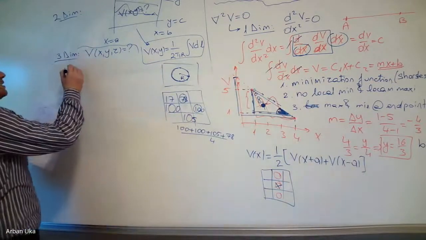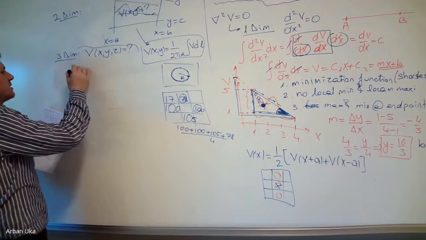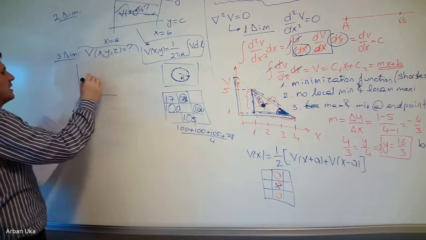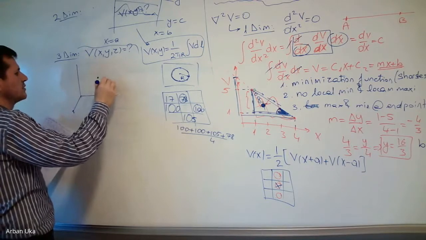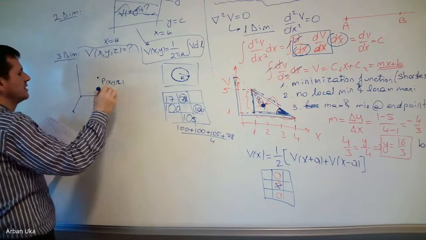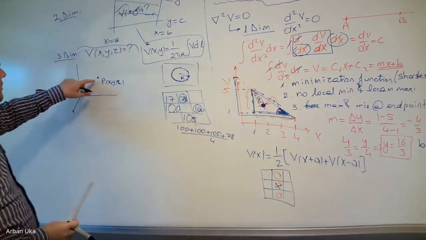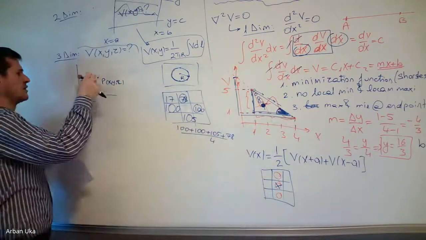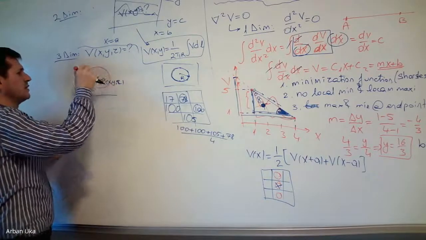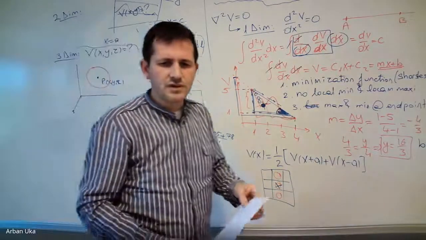And in three-dimensional space, now let's assume that we have one point here, point P, with coordinates x, y, z. Now, the value of the potential right here is going to be the average of all the points which are located over a sphere.